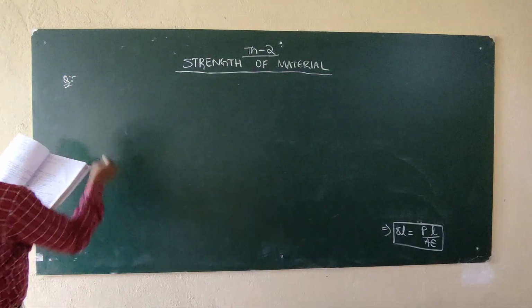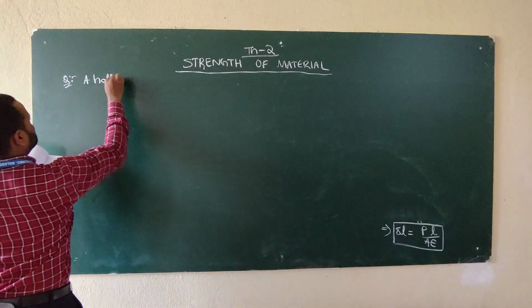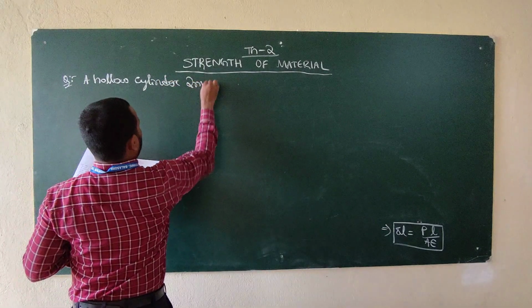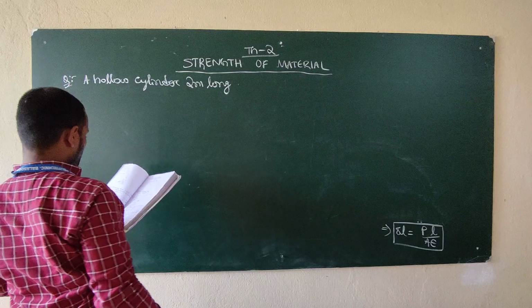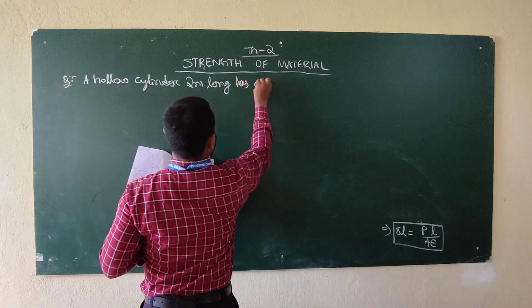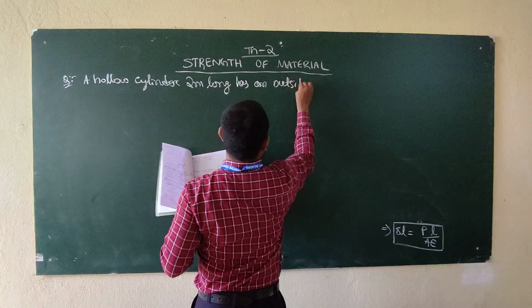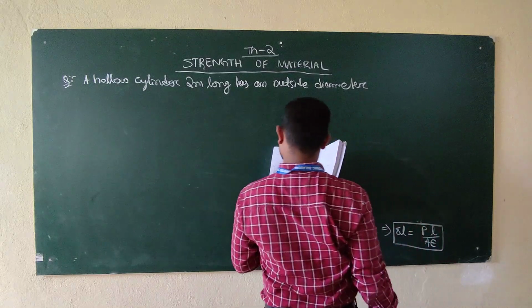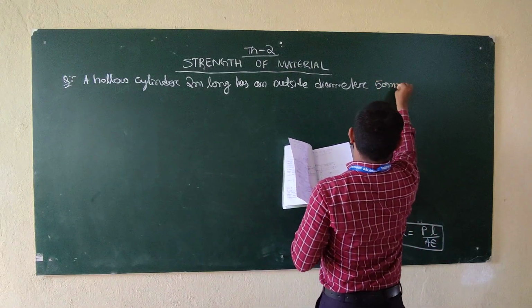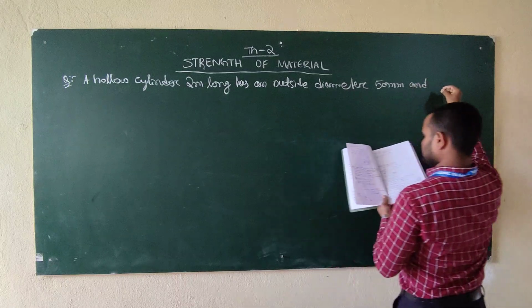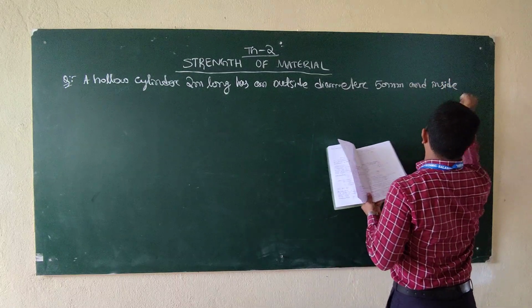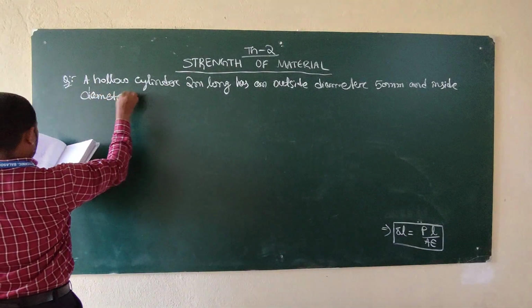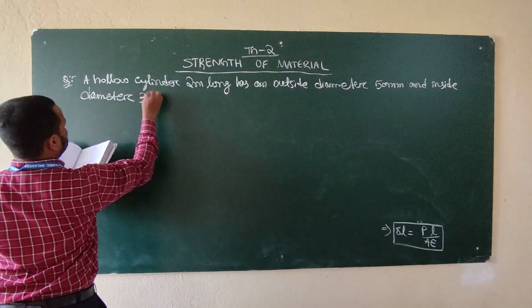A hollow cylinder 2 meters long has an outside diameter 50 mm and inside diameter 30 mm.